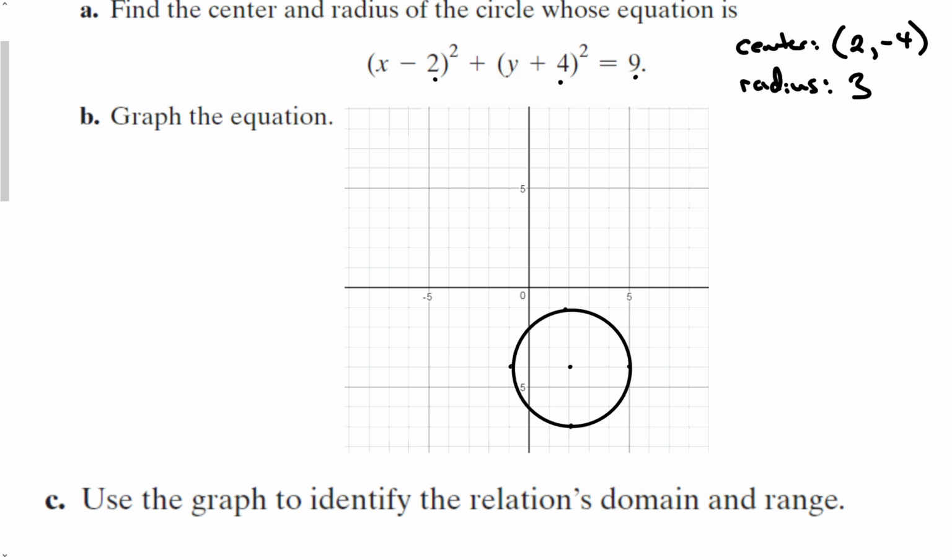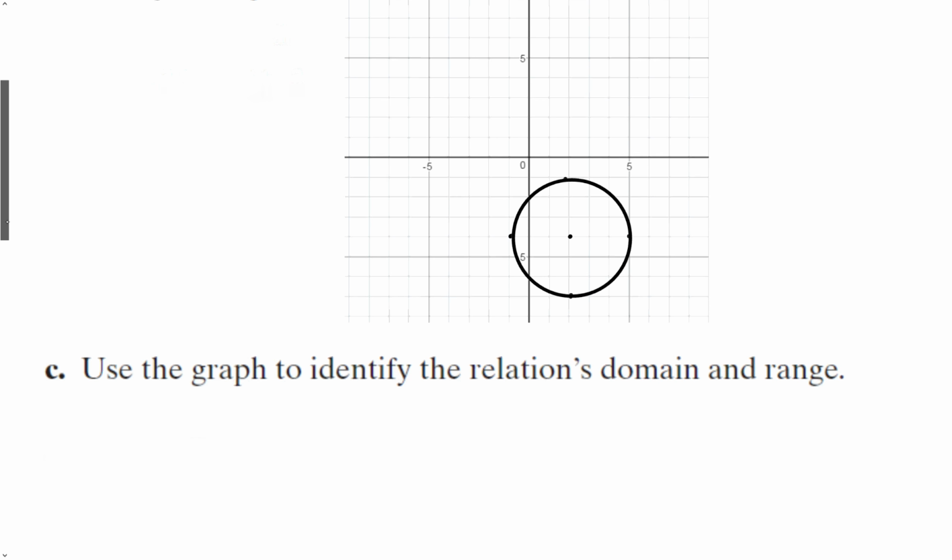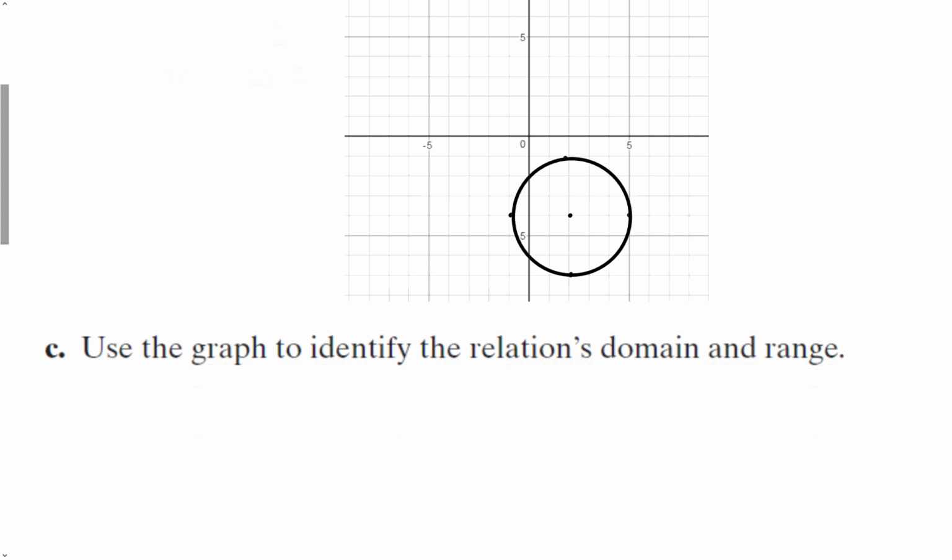Let's use the graph now to identify the relation's domain and range. Remember, this is not a function, it fails the vertical line test, but they are still things that we can graph and write equations for, like we've been doing. So if I look at the domain, it is going to be the x values for which it's defined.